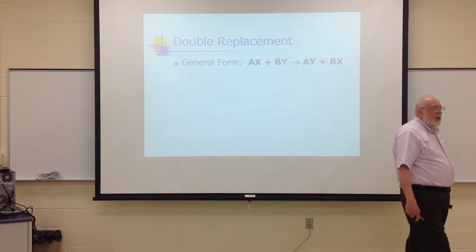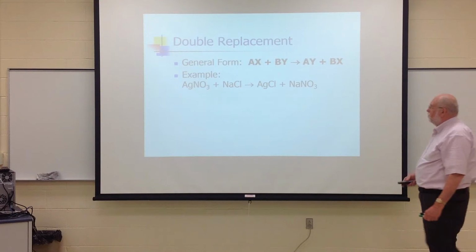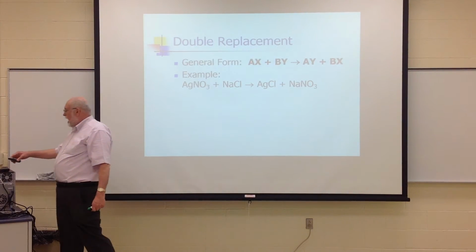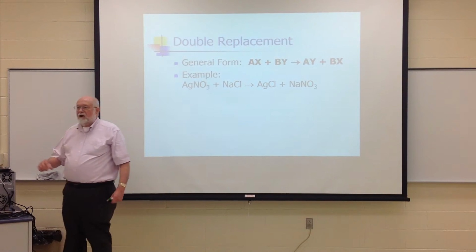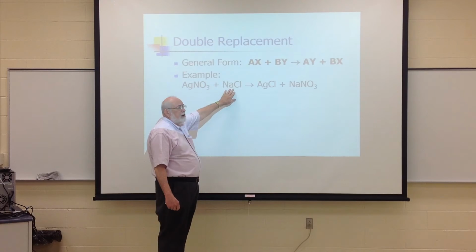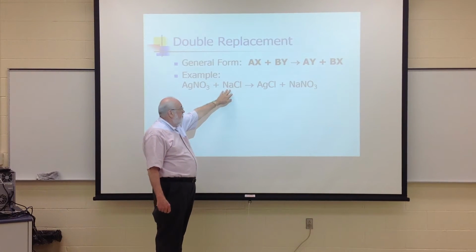Now, let's take a look at a specific example. Here we have silver nitrate. That's our one reactant, and sodium chloride is the other. These are both compounds, I think we would agree.